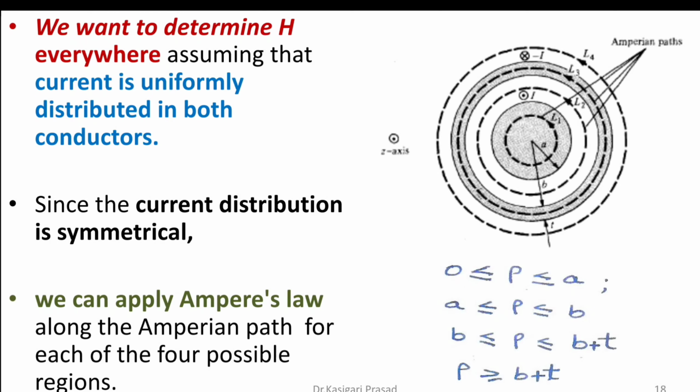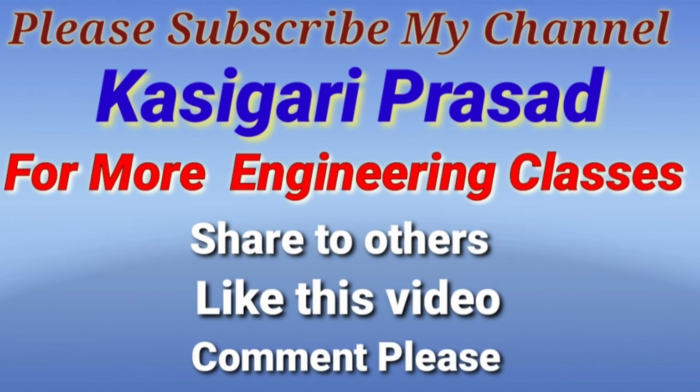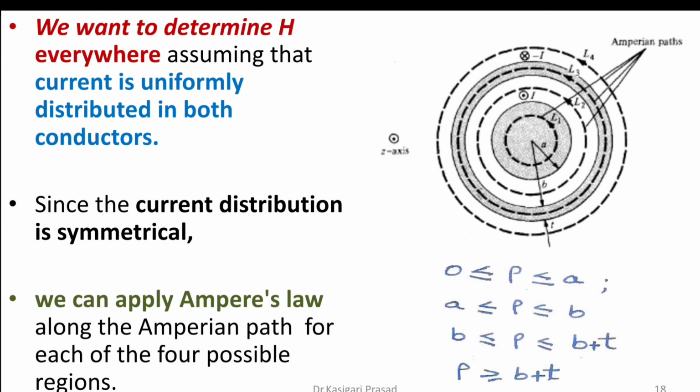As shown in this figure, we have L1 Amperian path with radius less than a, L2 Amperian path with radius greater than a and less than b, Amperian path L3 at radius rho between b and b plus t, and the last one is Amperian path L4 above b plus t, as shown in this diagram.